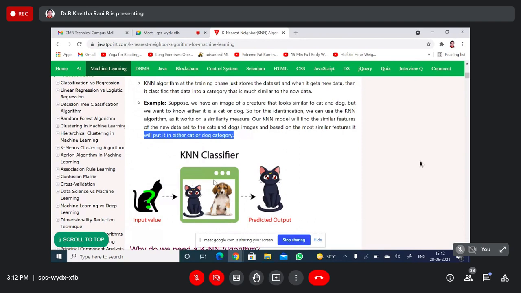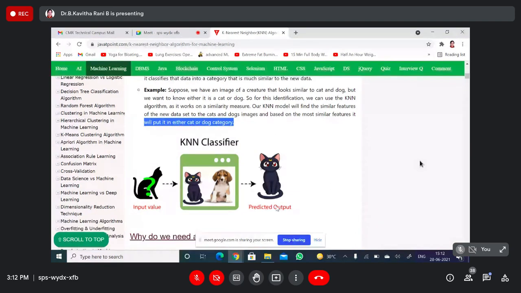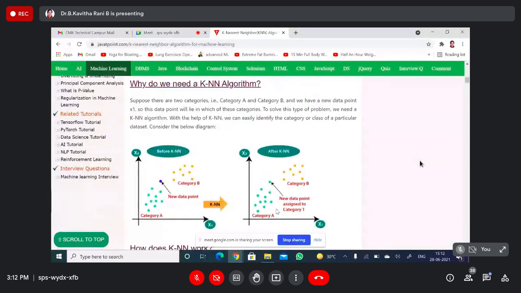So we have classified our data for our system. Now we have given one new input value. We give a cat image, and the system does not know it is a cat. So what it will do is find its similarity with the data already existing in the system. Okay, and it will find the nearest value to the new input value, and it will be predicted as a cat.